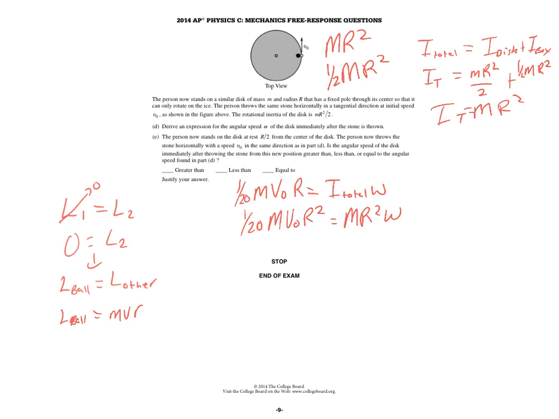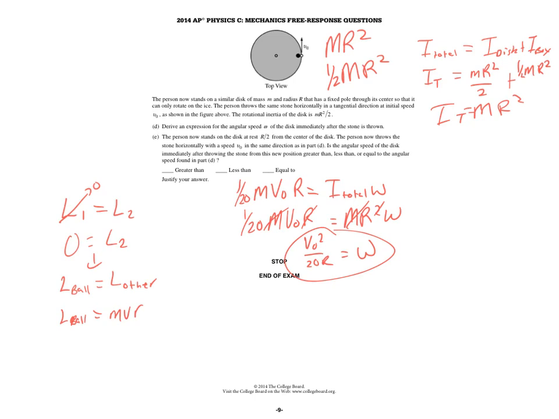Oops. There's no square here. This is just V naught R. There we are. So M's cancel, one R cancels, and we get V naught over 20R equals omega. There we go. V naught over 20R. Yeah, so that's it.